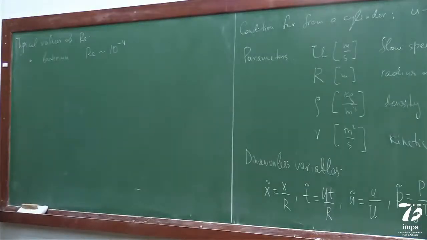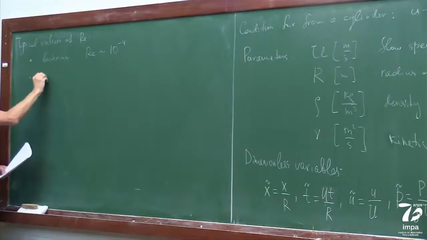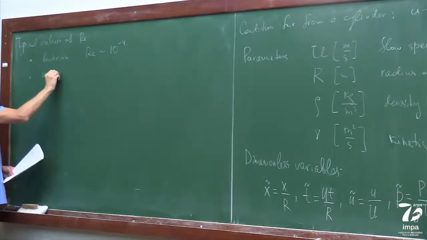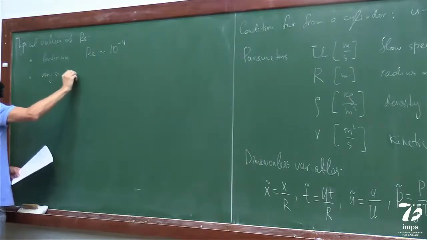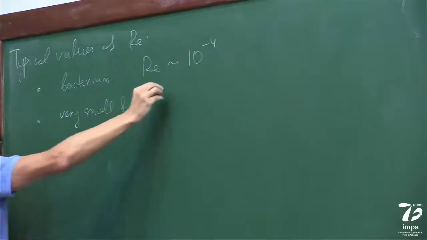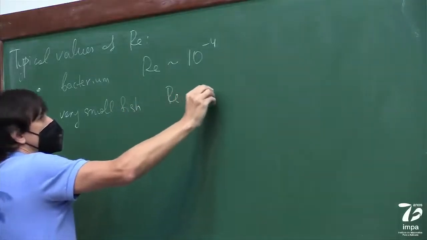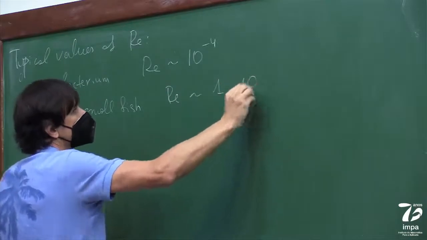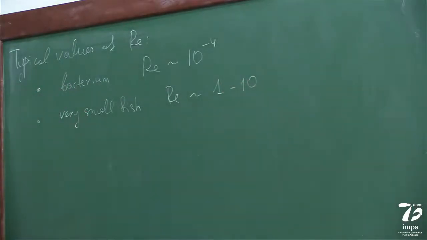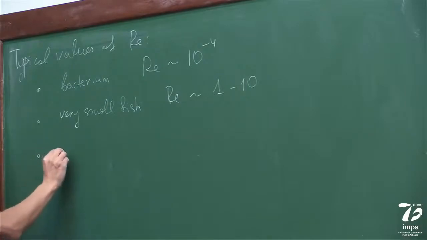The next is a very small fish. A very small fish already gives you Reynolds between 1 and 10. So already something much bigger. Then the next value corresponds to the flow of the blood in the body.